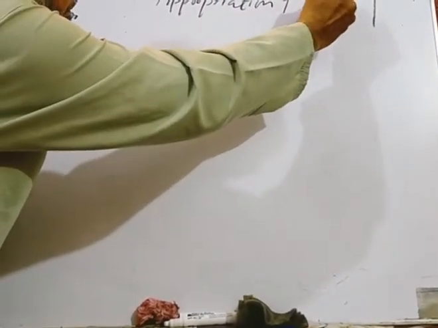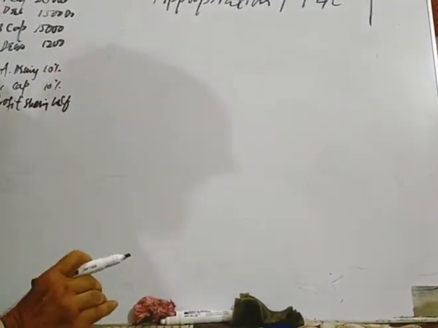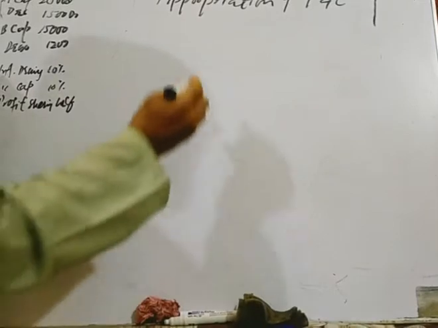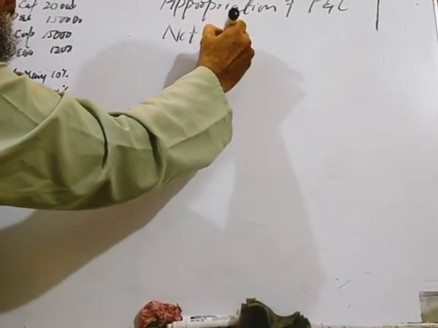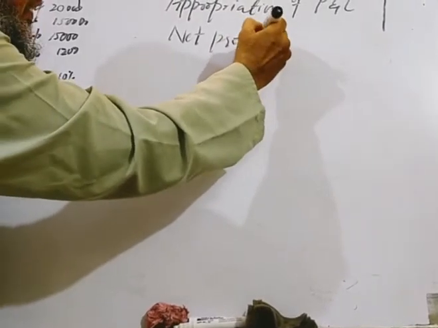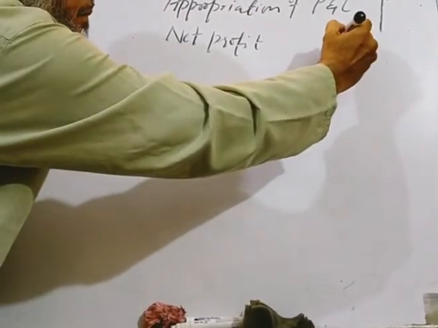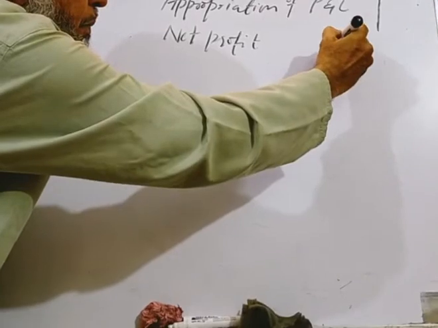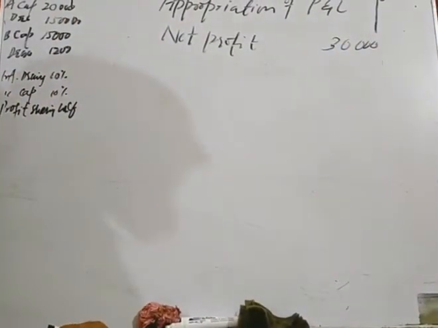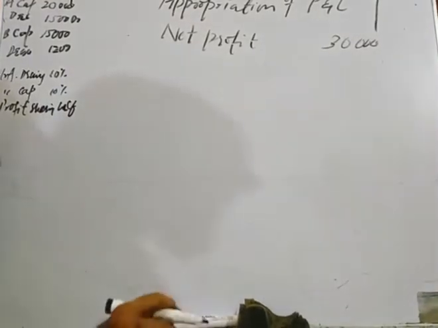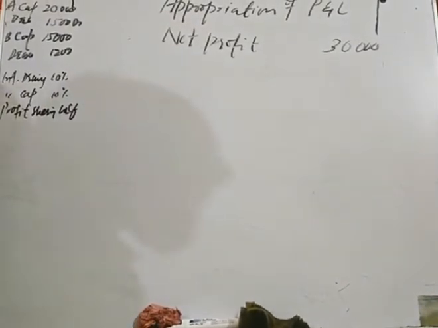Appropriation of profit and loss, right? First of all, we are given the net profit, and let's suppose net profit of the business is 30,000, which was not included in the information, right?